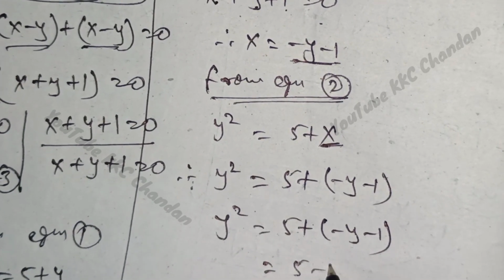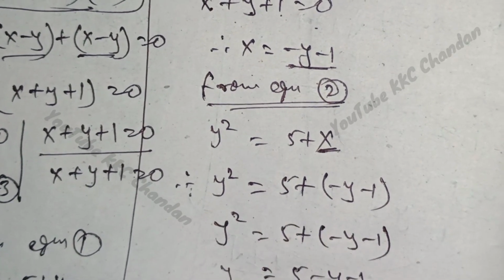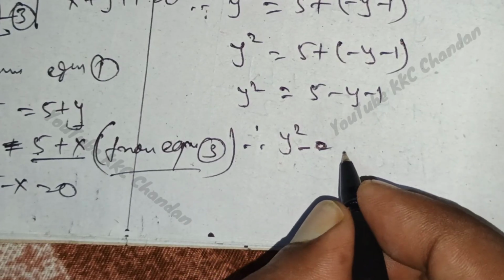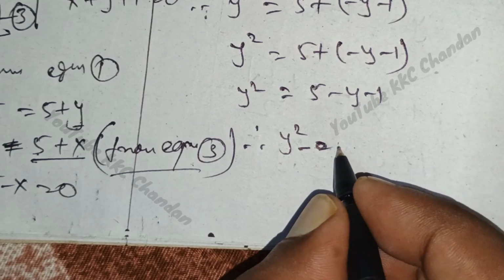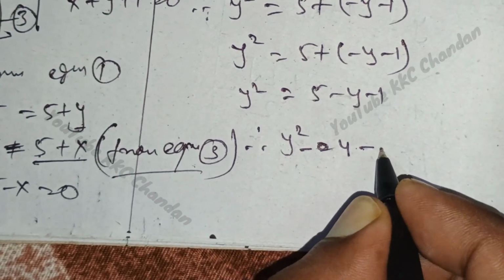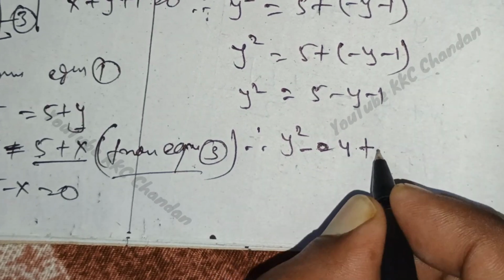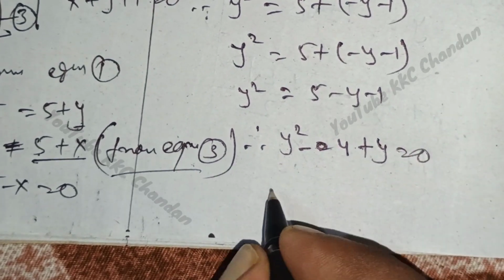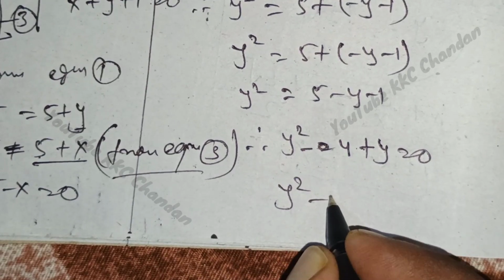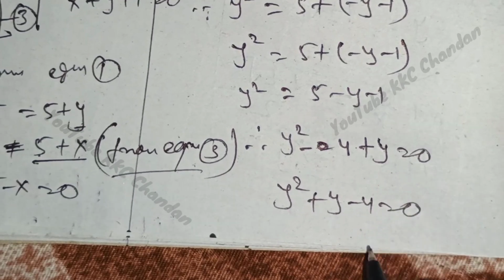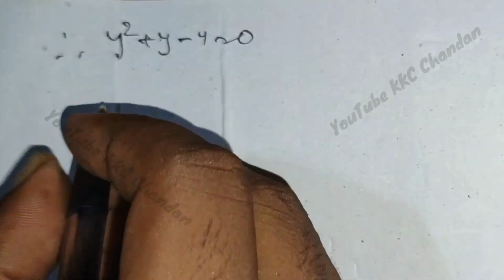Therefore, y square is equal to 5 minus y minus 1, so y square is equal to 4 minus y. This side, minus y comes positive: y square plus y minus 4 is equal to 0.